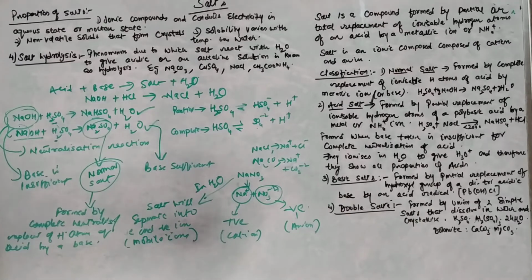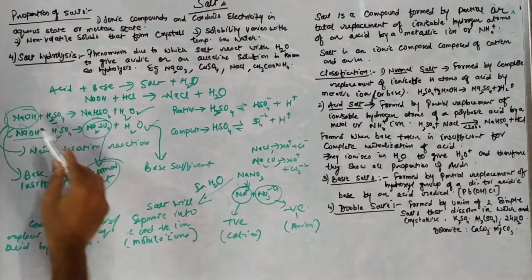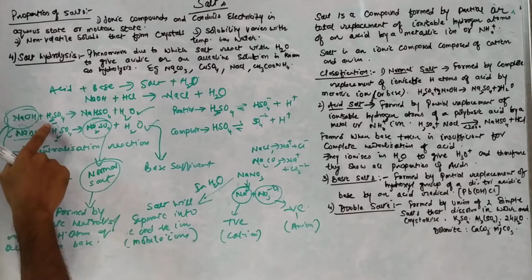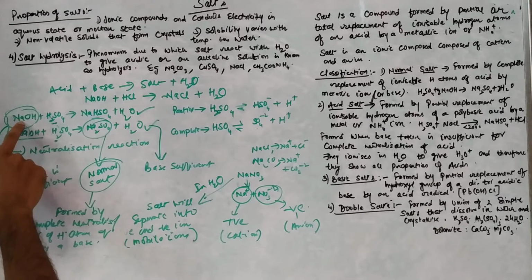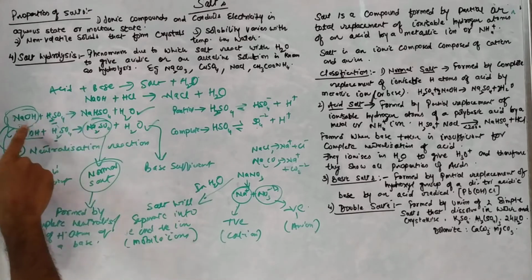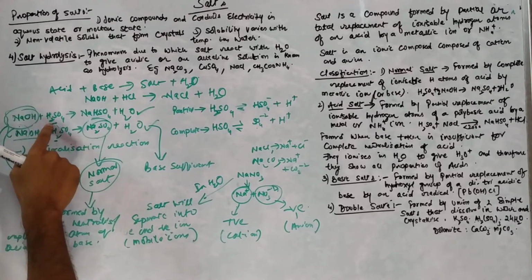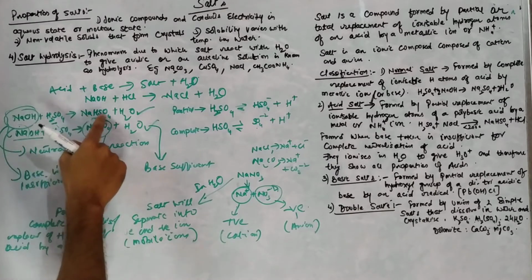So what are acid salts? Acid salts are those that are formed by partial ionization or partial removal of hydrogen atoms of the acid by a base. Here you can see that in this case the sodium hydroxide could replace only one hydrogen atom, so it formed NaHSO4.